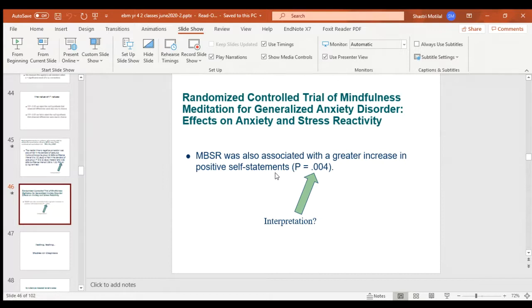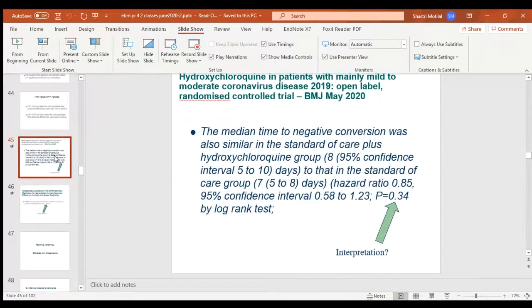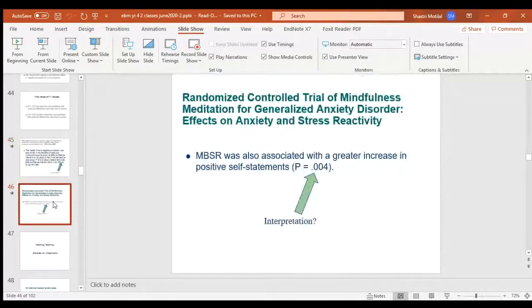So that's a very black and white, simple, straightforward interpretation of a p-value. If it's more than 0.05, as in the earlier case, it's not statistically significant, no significant differences exist. If it's less than 0.05, as in this case 0.004, it means there is a significant difference.